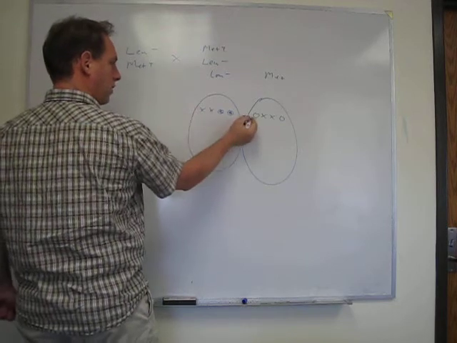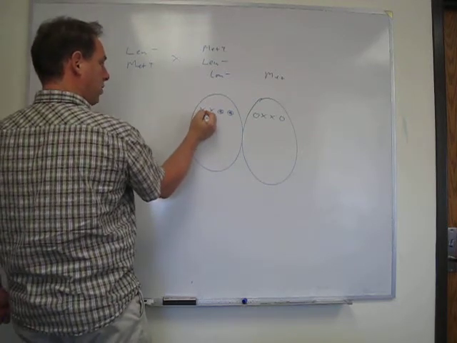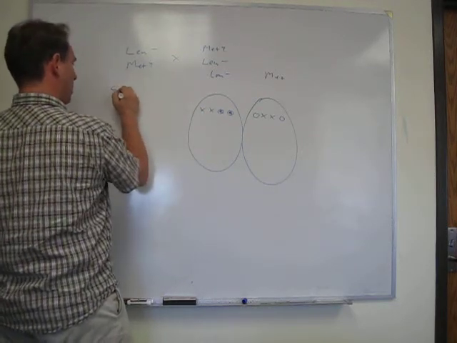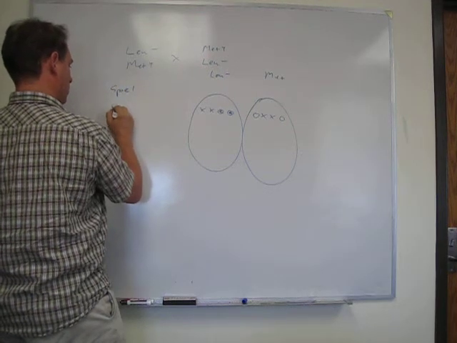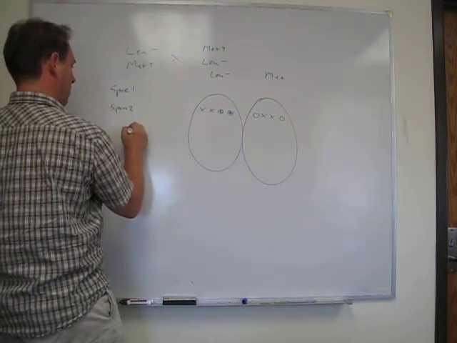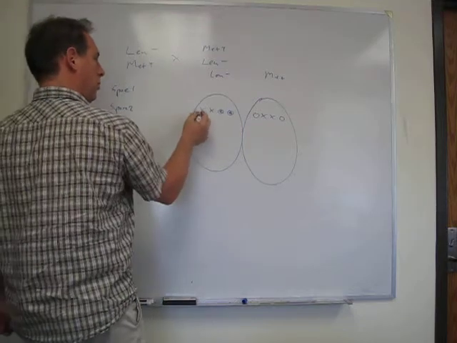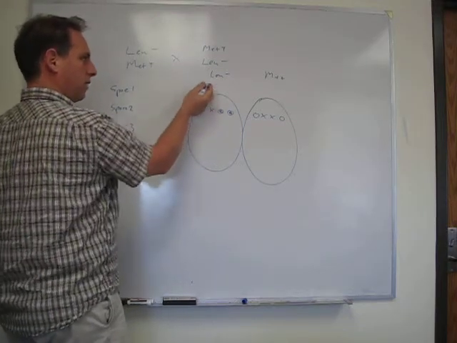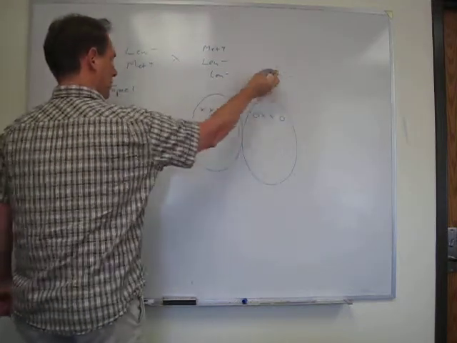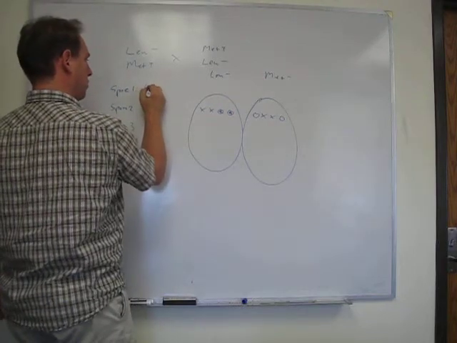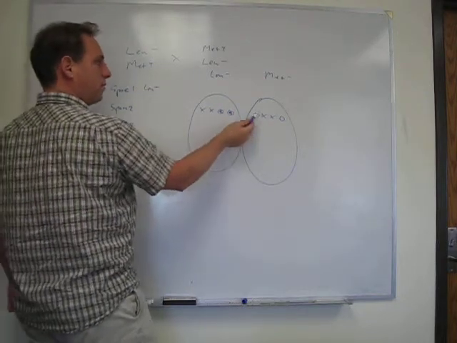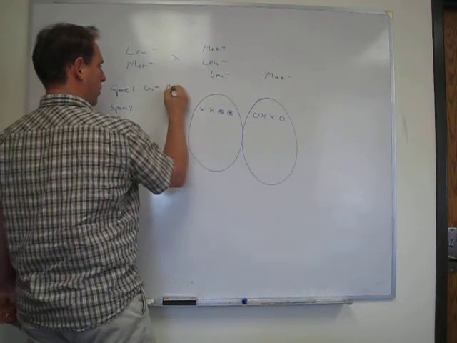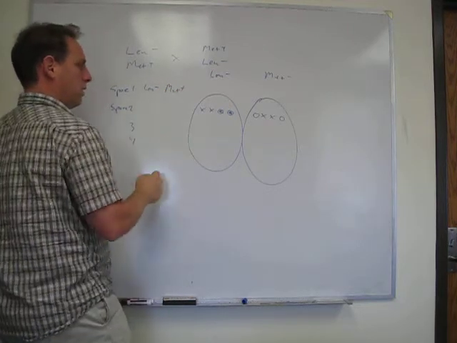This first one, spore 1, didn't grow on leucine-minus media, so spore 1 has to be Leu minus. It's incapable of growing on Leu minus media, but it's capable of growing on Met minus media, so we would call it Met plus. Let's look at the next spore.